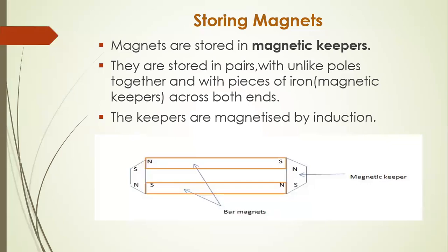They are stored in pairs with the unlike poles together and with pieces of iron, the magnetic keepers, across both ends. The keepers are magnetized by the induction method. As you can see here, this is our magnetic keeper, and you can see that there are a couple of bar magnets stored there.